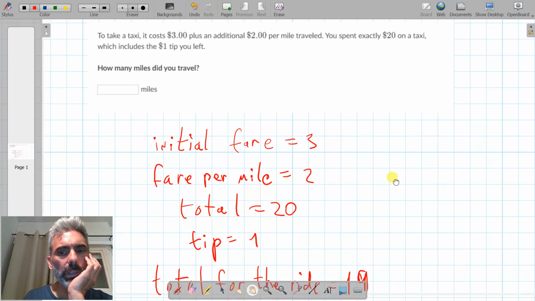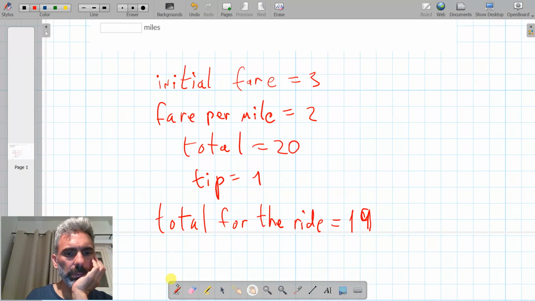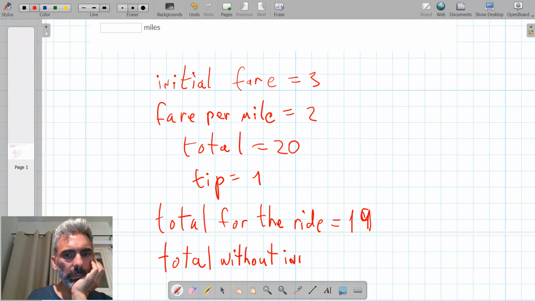And 19 minus the initial fare, so the total for the ride without the initial fare is 19 minus 3, which is 16.